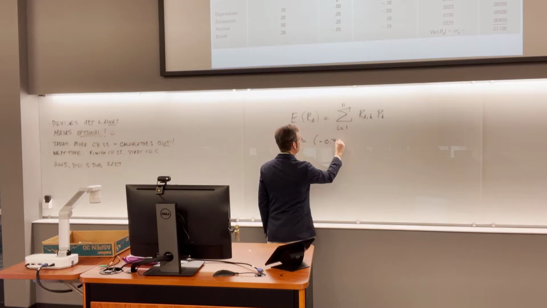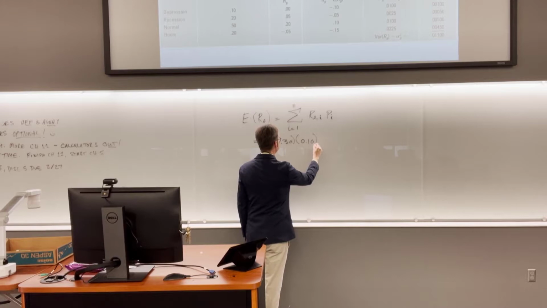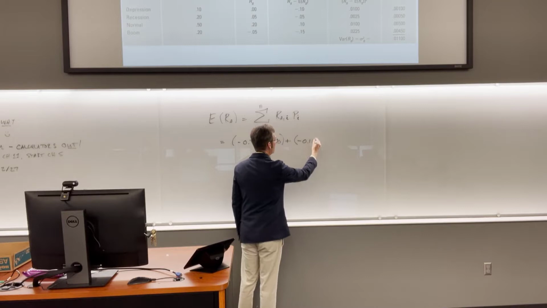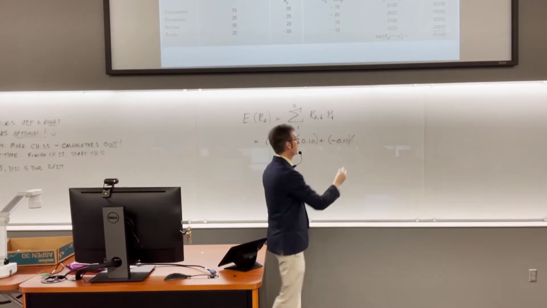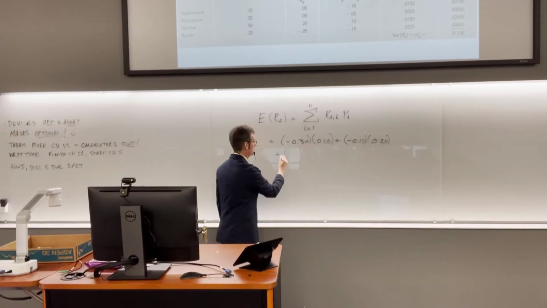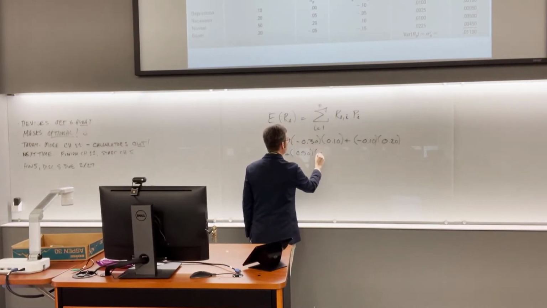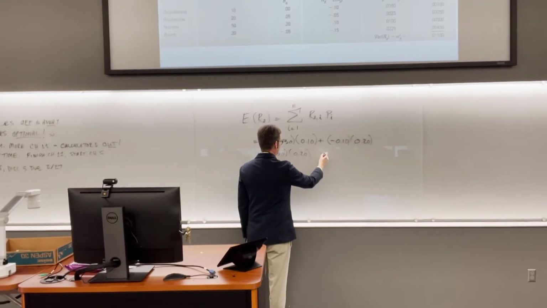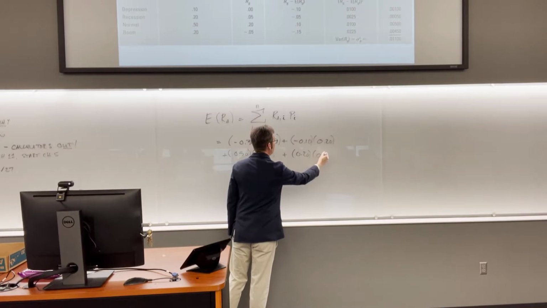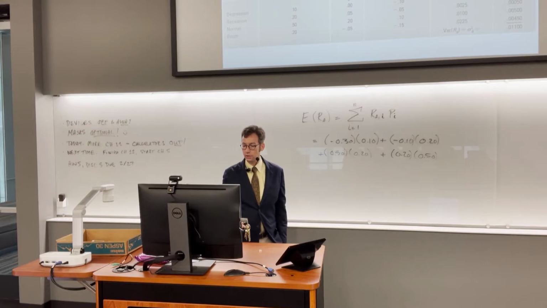Minus 0.30 times the probability, which is 0.10, plus minus 0.10 times 0.20 plus 0.50 times 0.20 plus 0.20 times 0.50. Did I get those mixed up as far as the returns and the probabilities?